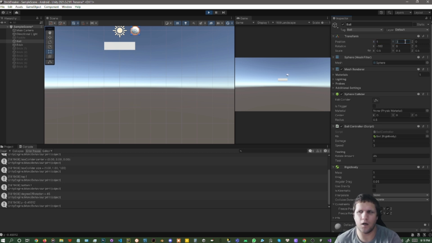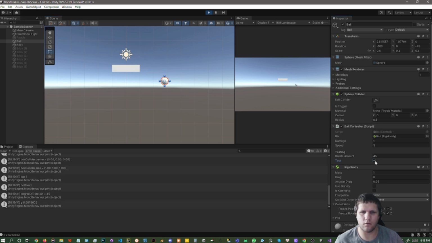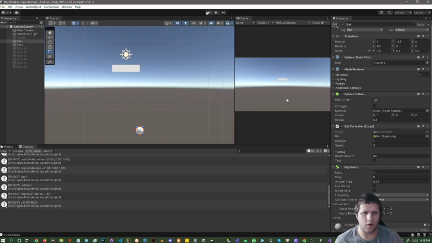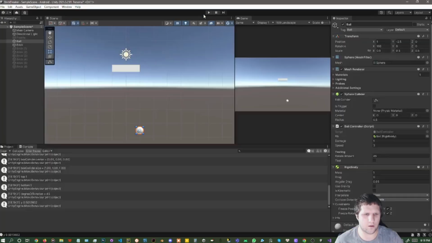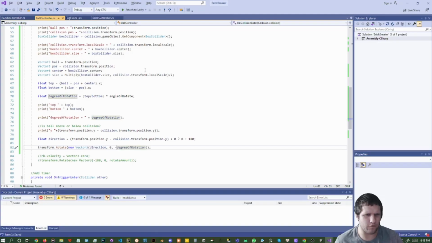Now it should go and smack on this, and we want it to go to the right. Okay. Then, what is our degree of rotation? 45.